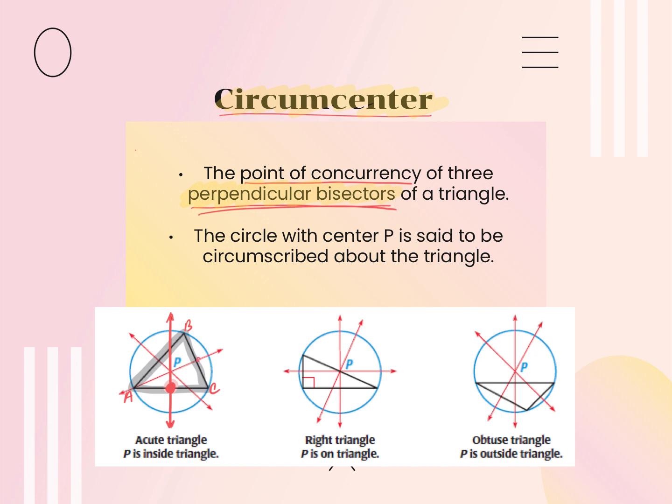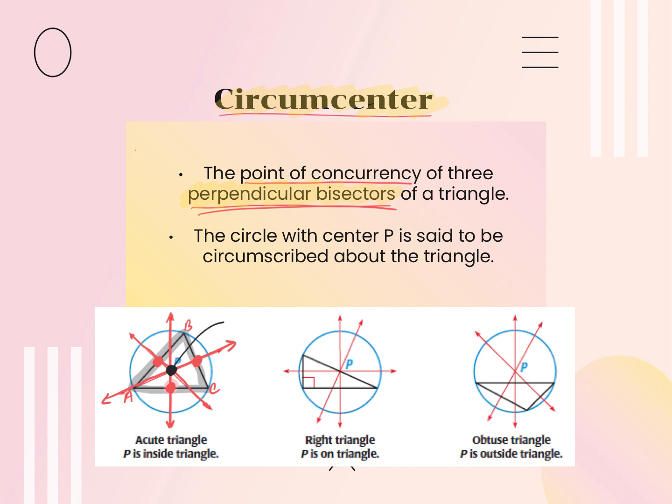Then BC has a midpoint here, this red dot that I'm drawing to the right, and its perpendicular bisector looks something like that. And the third side of the triangle has a midpoint as well, and here's the line that goes through that. And what you notice is when you draw those three perpendicular bisectors, they're going to meet somewhere here inside this particular triangle.